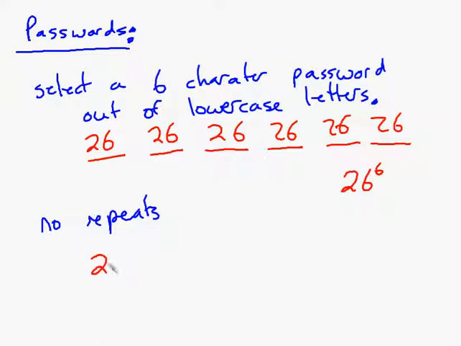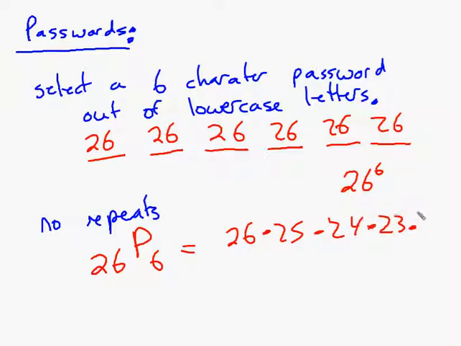There's 26 possible letters, permute how many of them? 6. Which will result in 26 times 25 times 24 times 23 times 22 times 21. Whatever that is, we won't worry about that.